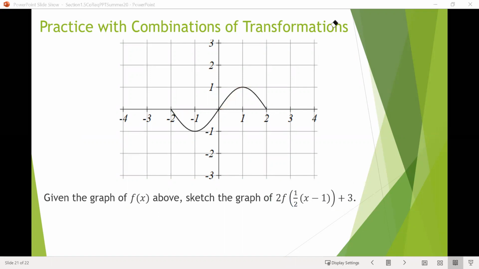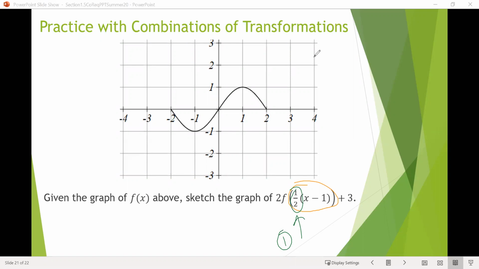As we just saw, it doesn't matter whether you do the horizontal or the vertical transformations first. So I'm actually going to start on the inside and do the horizontal ones first. And recall that what it told us to do first was to deal with this 1/2. Now it's a 1/2 on the inside, so it's a house of lies.